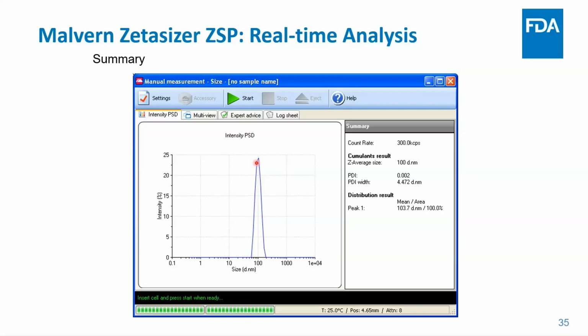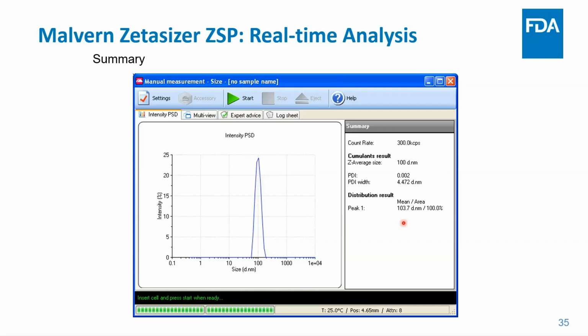Again, this is a representation of those 2 values that are coming from the cumulants. It has a count rate. It'll say cumulant result here, the Z average and the PDI. It'll change the PDI to width if you like. And then for the distribution, it'll apply regularization and calculate a size for you also.